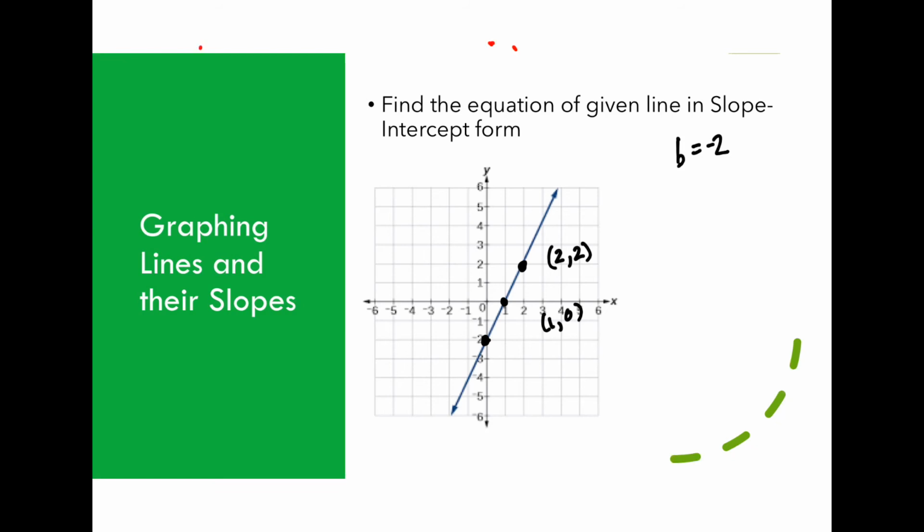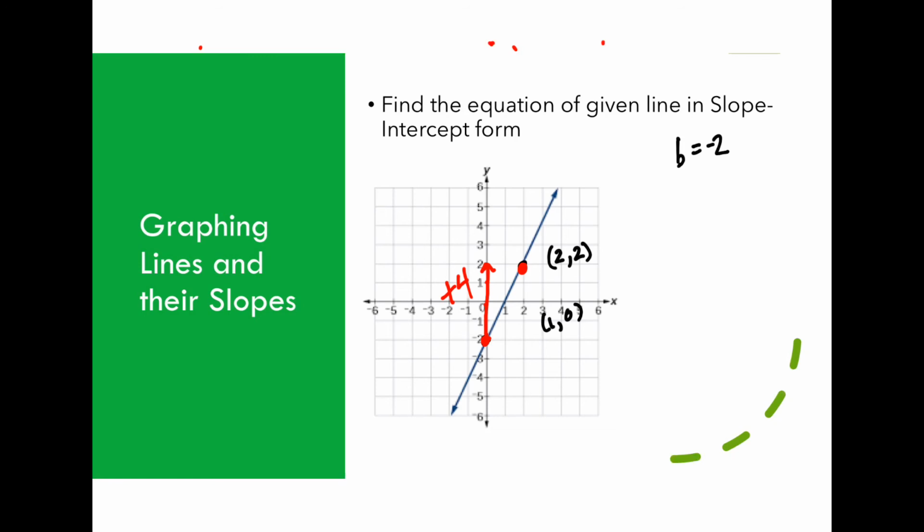Okay. So I'm going to just kind of ignore this one, just to show you that it could be for any points that are actual points on the line. I can see that from going this point to this point, there was a rise of 1, 2, 3, 4. There was a rise of 4 units.